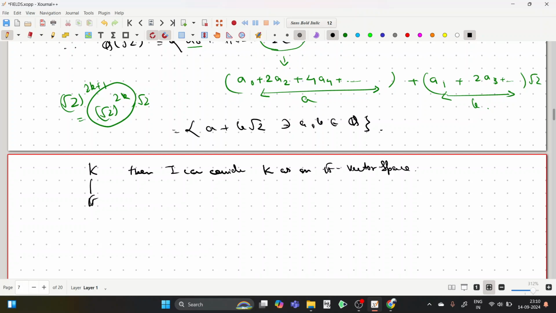So if I consider the same in this case, Q root 2 is a field which contains Q, right? So I can consider Q root 2 as a Q vector space.